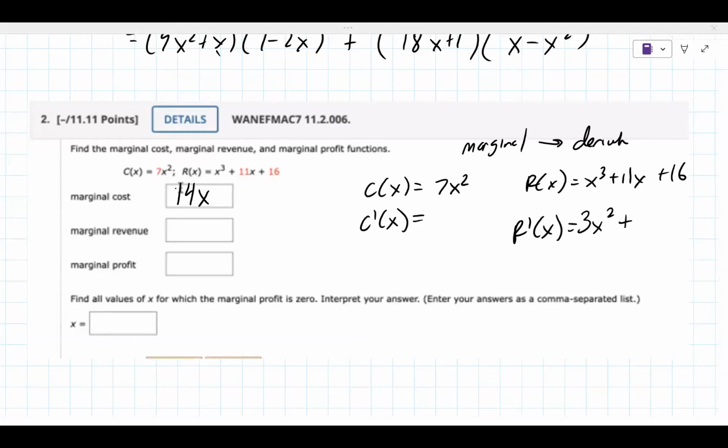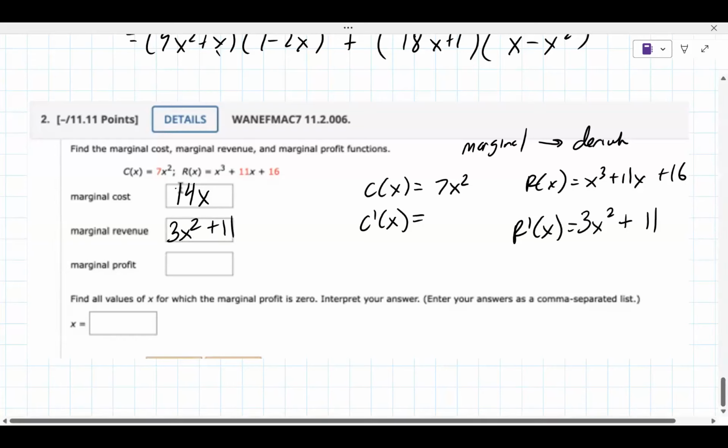And then the second one is 11x, so that would just be 11, because it's attached with a variable. Yeah, it would just be 11. Okay, very good. So that's the next one there, 3x squared plus 11.